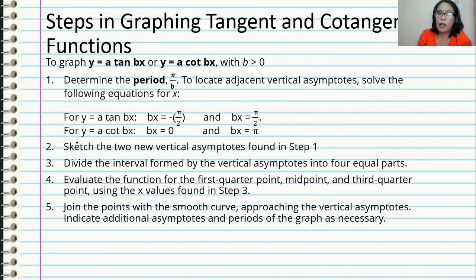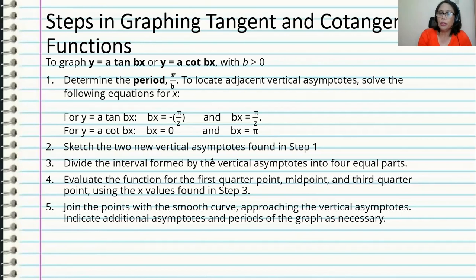Similarly, the adjacent vertical asymptotes for y equals cotangent bx are bx equals 0 and bx equals pi. From 0 to pi, the distance is equal to pi, which is equal to one period.